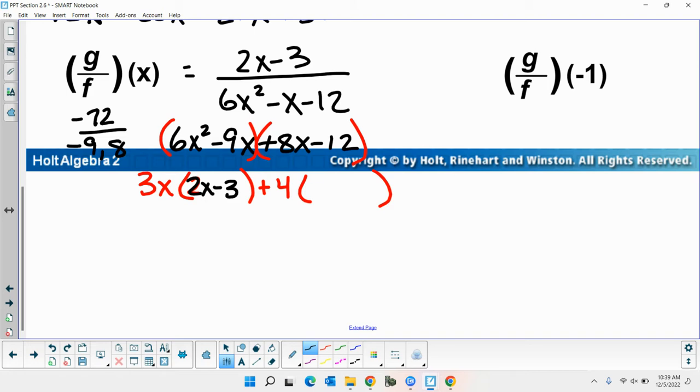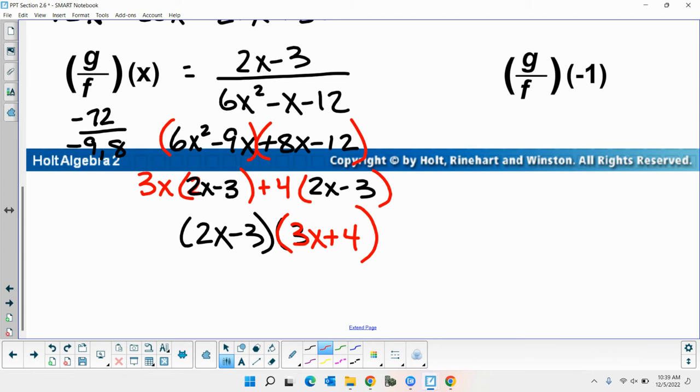What's 8x divided by 4? Negative 12 divided by 4. So we get this factor and this factor. You guys remember that? You should be able to factor. We've done a lot of it already this year. So on these, you're going to have to do that.